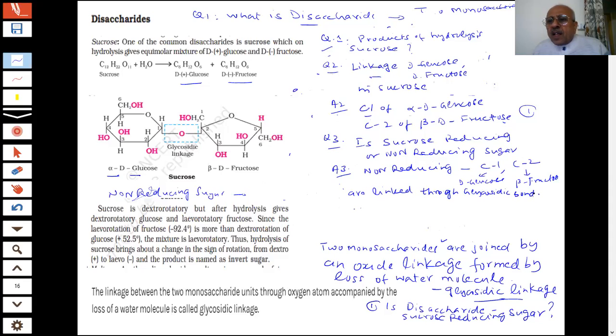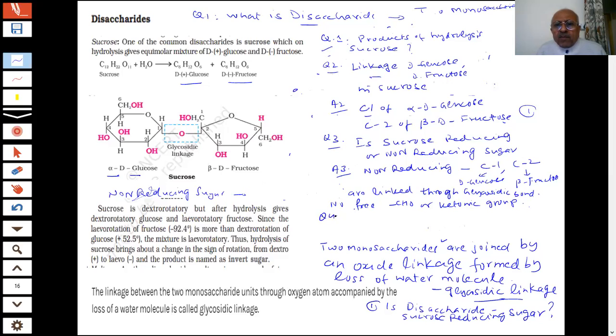So therefore there is no free CHO or ketonic group. Those two groups are not free, they are tied up, therefore it will not reduce. Fehling's solution, Tollens' reagent or other tests which you do for aldehyde and ketone, these tests are not given.